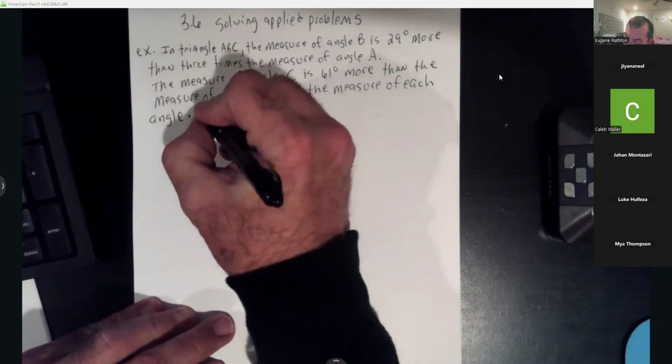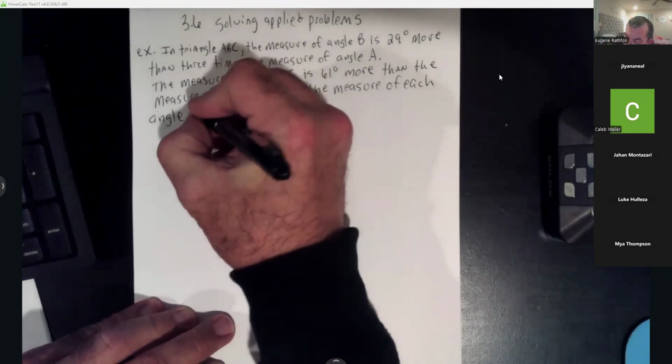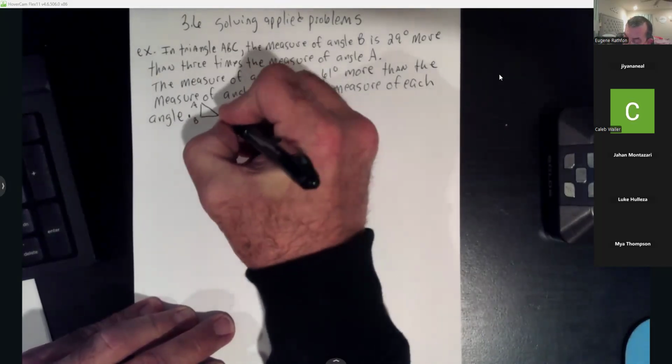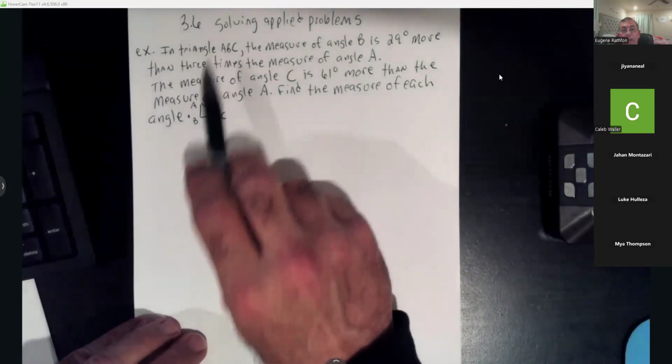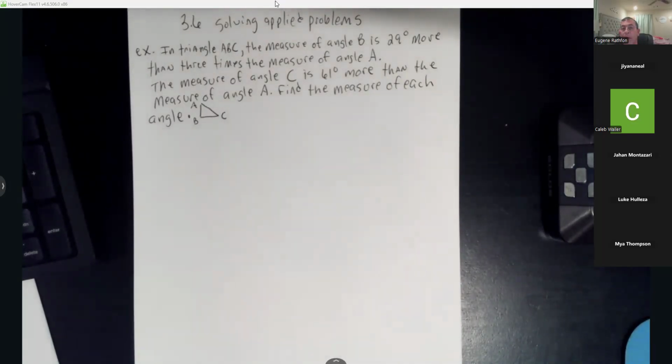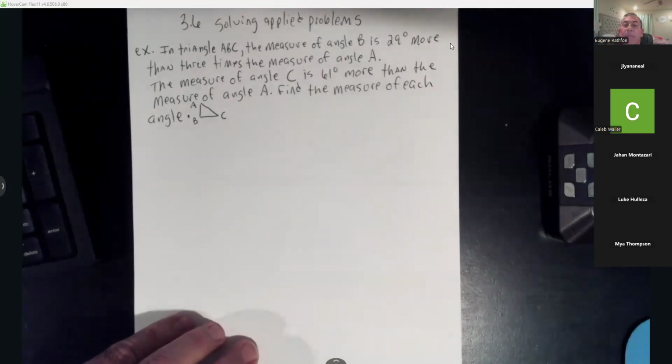All right, so just remember we're dealing with a triangle and it has 3 angles. Now, since we got 3 angles, we're going to have 3 equations on this. Okay, remember, to solve a system of 3 variables, we need 3 equations. So let's write what we got first.